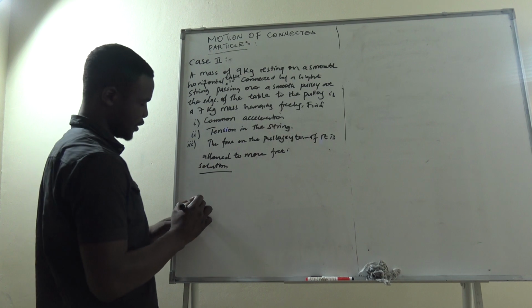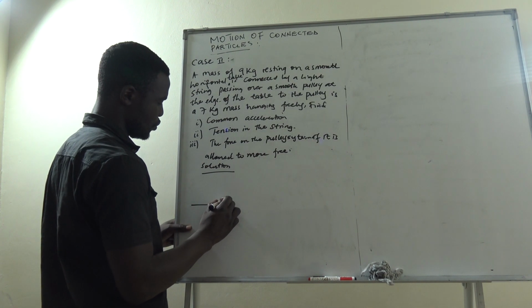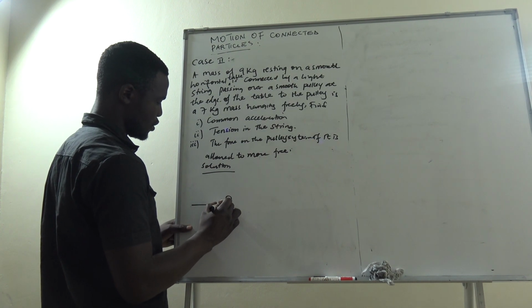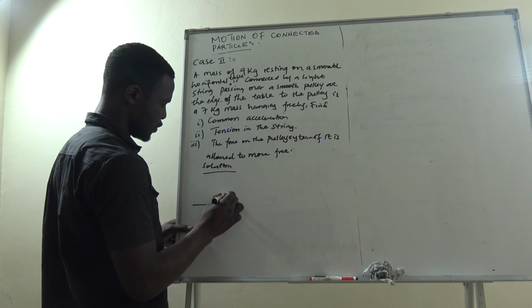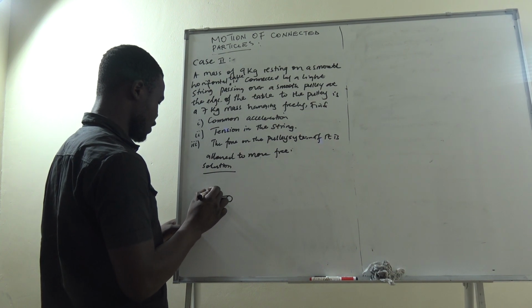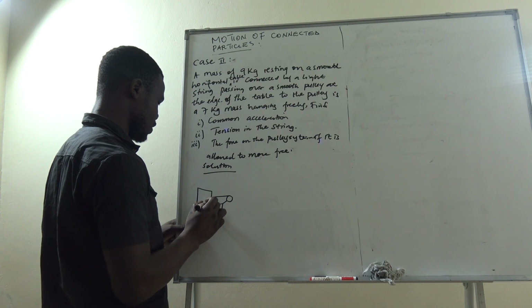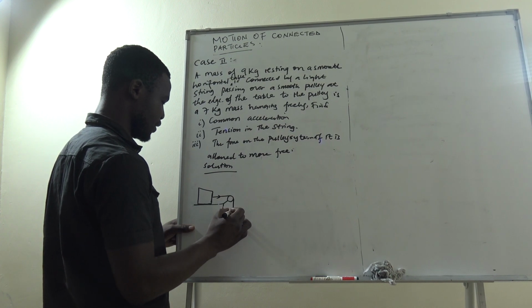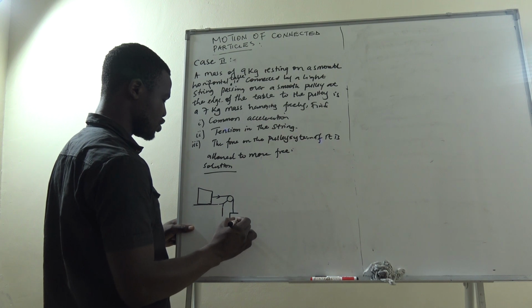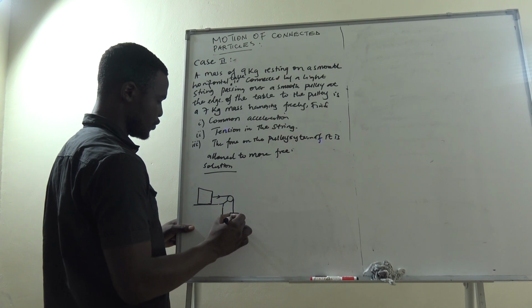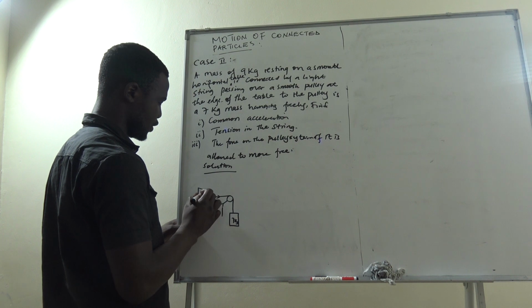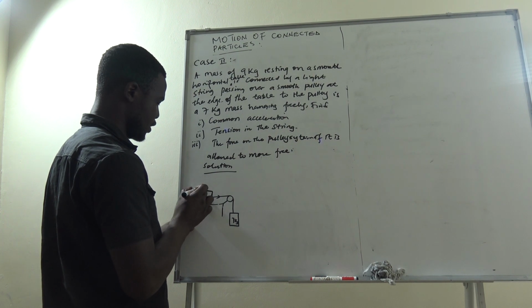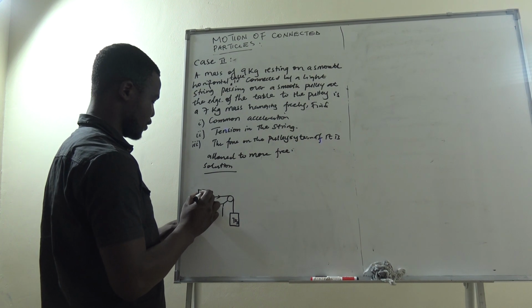So I told you that the first thing we do is sketching. We begin by sketching. And when we are drawing these diagrams, be careful. You must make sure that the string is straight. So they said a body of 9 kilograms.